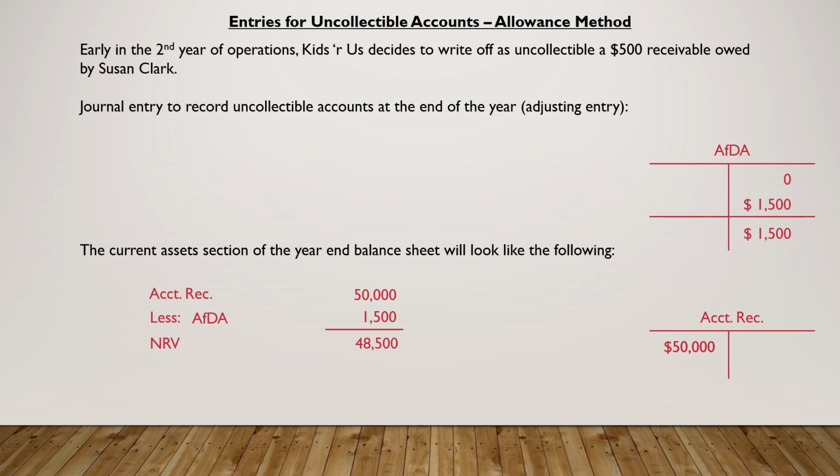In the second year of operations, Kids R Us writes off as uncollectible a $500 receivable owed by Susan Clark. Our write-off entry will be a debit to allowance for doubtful accounts and a credit to accounts receivable for $500. If we were to build the current section of the balance sheet after this entry, we'd still use those two accounts, but with updated balances.